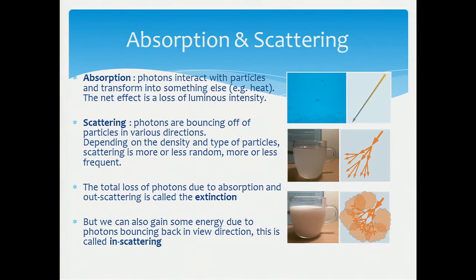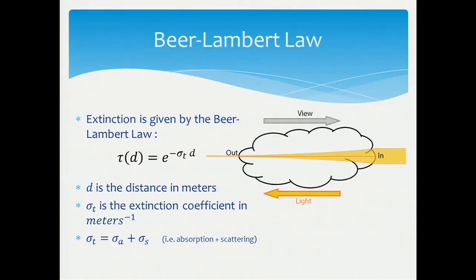So absorption and outscattering are combined in what we call extinction. Extinction is given by the Beer-Lambert Law, and we see that it's an equation with an exponential and sigma t, which is the extinction coefficient in reciprocal meters, and it's the sum of sigma a and sigma s, which is the absorption and outscattering coefficients.